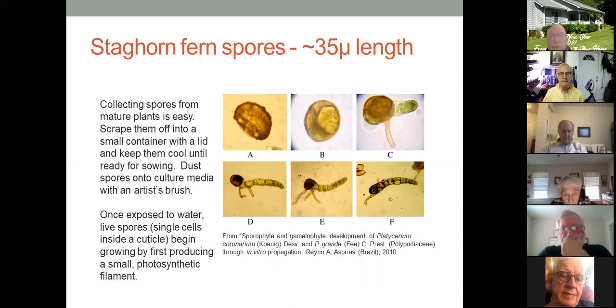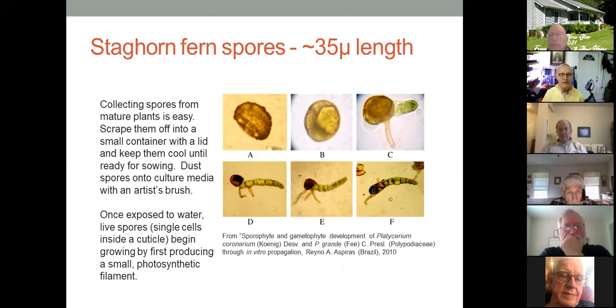You can certainly collect them from your garden. If you scrape them off into a small container with a lid, keep them cool until you're ready to sow them, and then dust them onto your moist culture media using an artist brush. And I'll show you the reason why you would use an artist brush as the applicator.